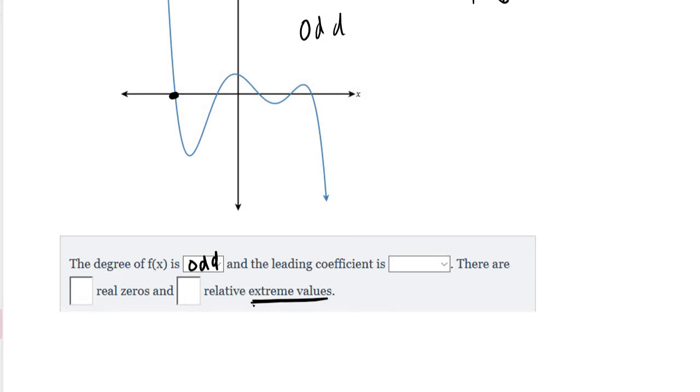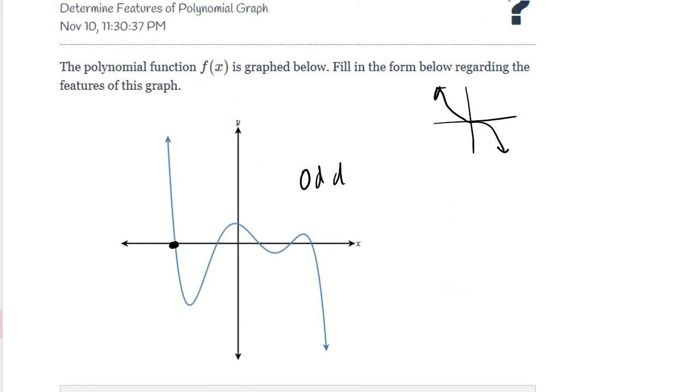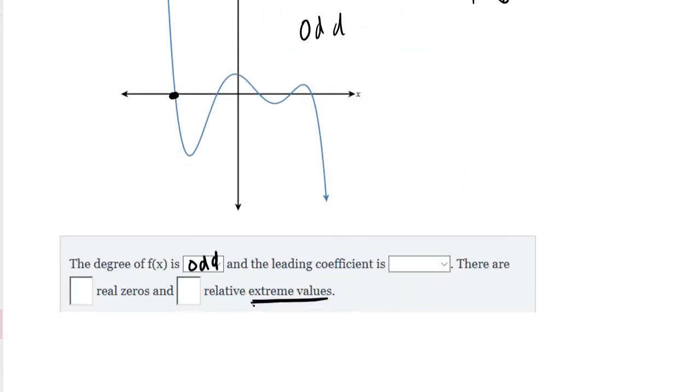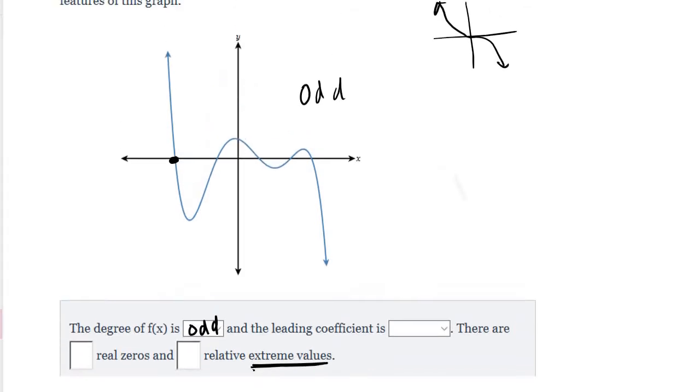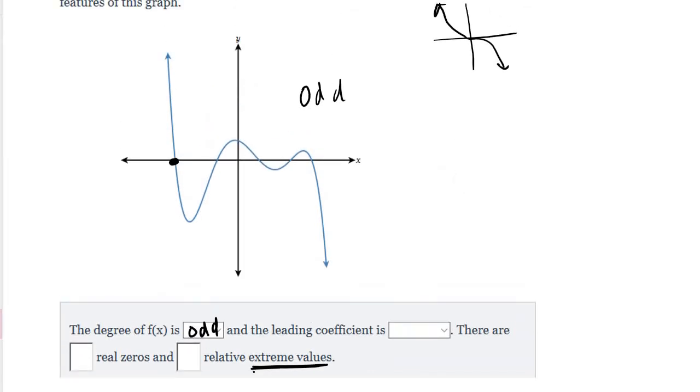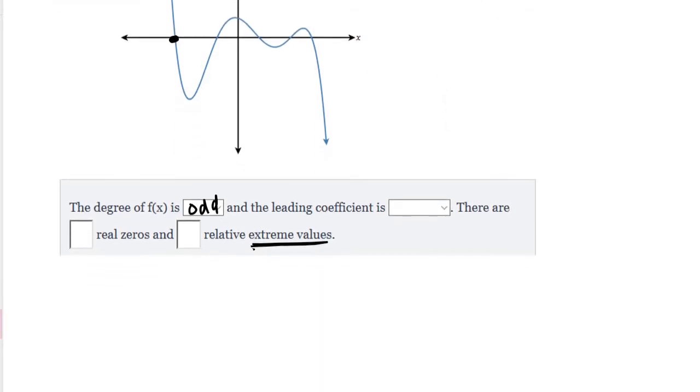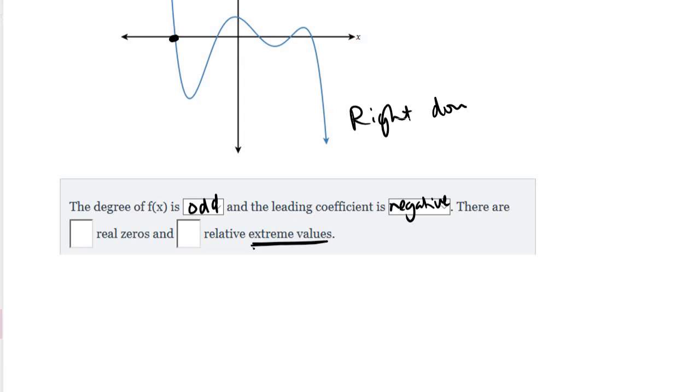This is odd degree, because it looks like the cubic function is similar to it. And the leading coefficient, this is like a reflection, so it's negative. Sorry, it's late in the night. We know it's negative because the right side is pointing down.